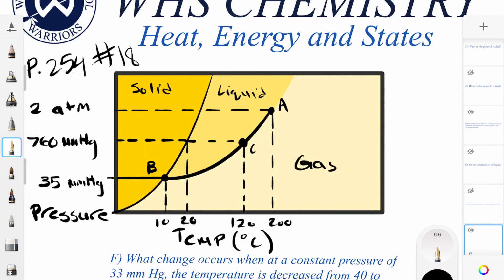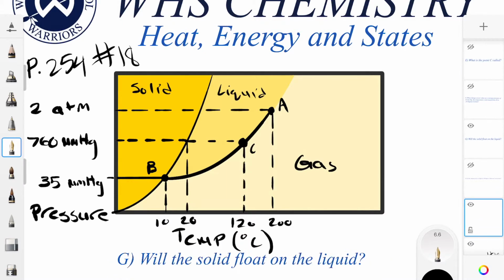Now for the second to last problem, we're asked if the solid will float on the liquid. Now, to find this out, we have to look at the slope of the boundary between the solid and liquid phases. So we see here that the slope of this boundary is a positive slope. Now, there could be two different slopes, positive or negative. If the slope is positive, the solid is more dense.